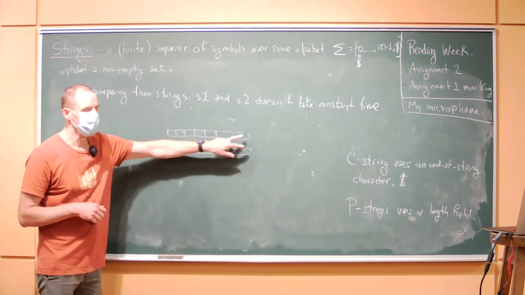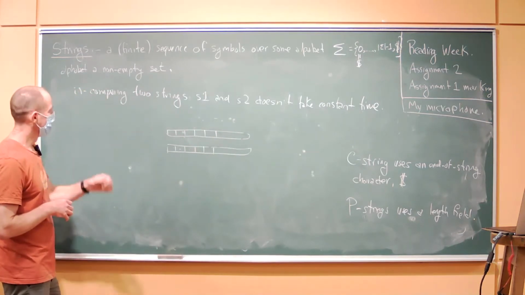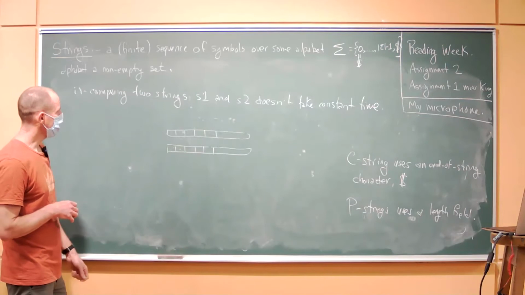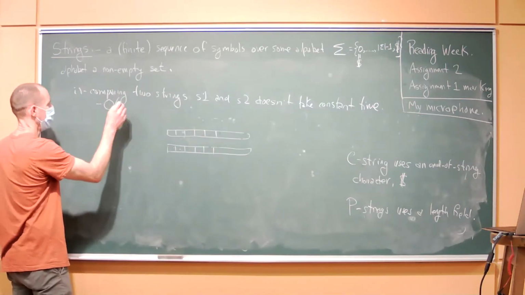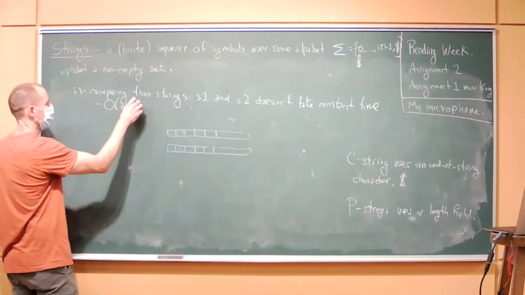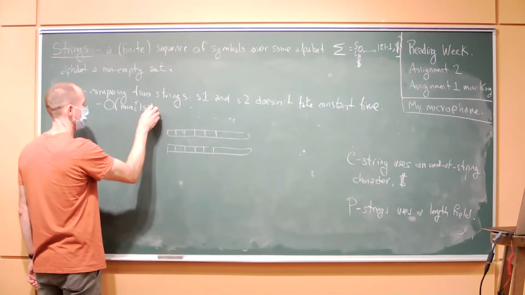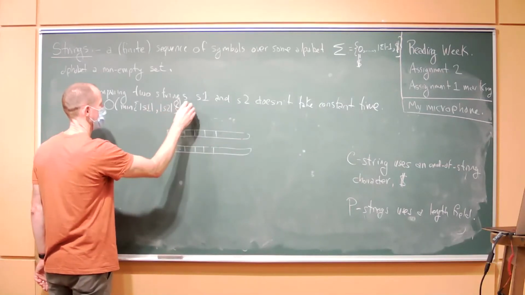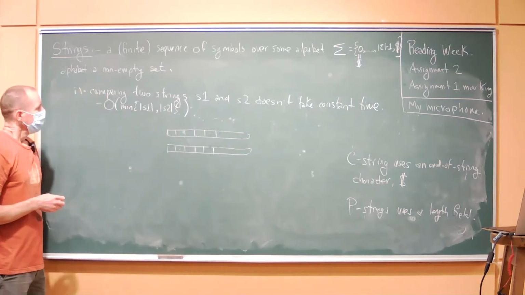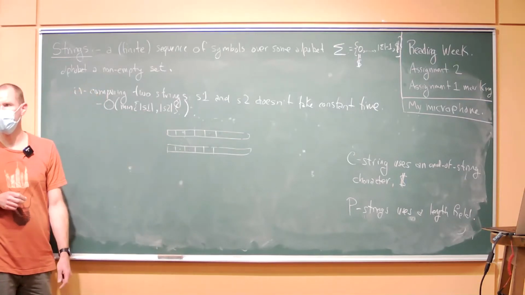So that takes not constant time, but you can't really say anything more than it takes the minimum of the length of S1 and the length of S2 time. This is true both for C strings and P strings.